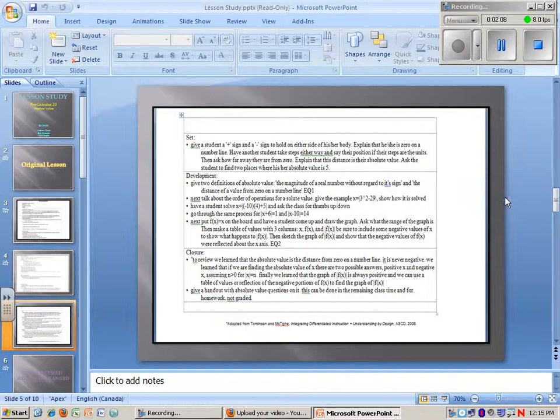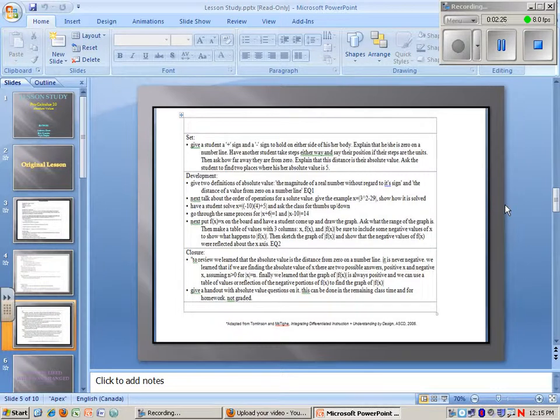And then from there, I would jump into the definitions of absolute value, and then discuss solving some equations, whether it be x equals the absolute value of something, or when x is inside the absolute value sign.